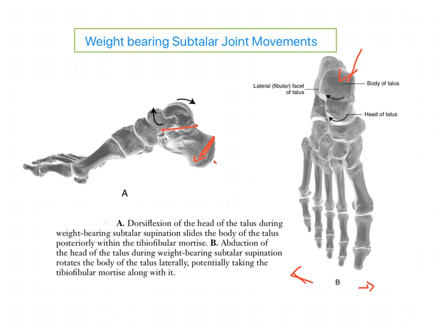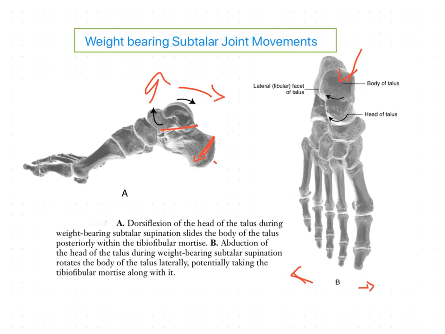Abduction and dorsiflexion of the talus, which is going to dorsiflex like this, and abduction is taking place in supination. Whereas in weight bearing, subtalar supination is accomplished by the component movements of inversion of the calcaneum, and dorsiflexion and abduction of the talus.